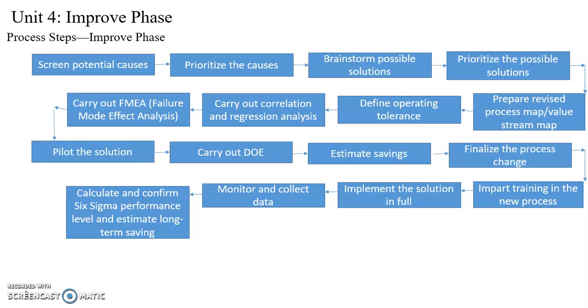And the next step is brainstorm the possible solutions. First the team leader should arrange the brainstorming session where all the team members, some invitees, and those who are interested in the project can come out with possible solutions to eliminate the root cause and reduce the variation in the performance.